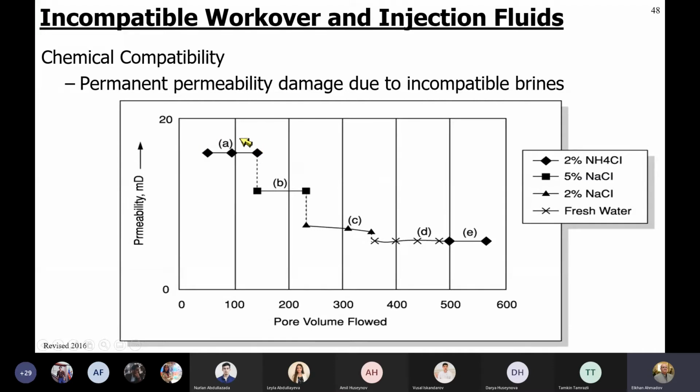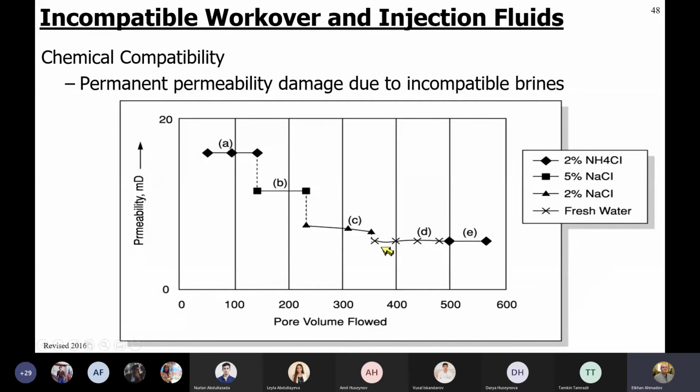It doesn't change the permeability of the rock, but when we go to the 5% potassium chloride, we have some reduction of this permeability, and 2% gives an additional reduction, and the fresh water reduces the permeability again to a very low value.